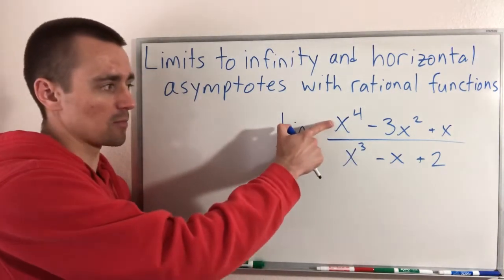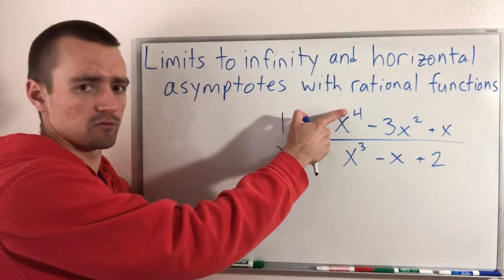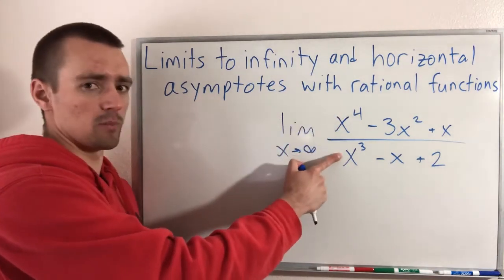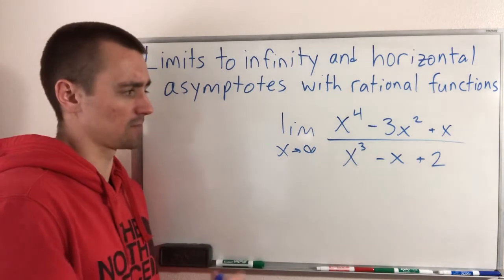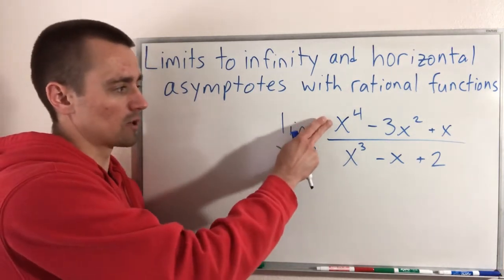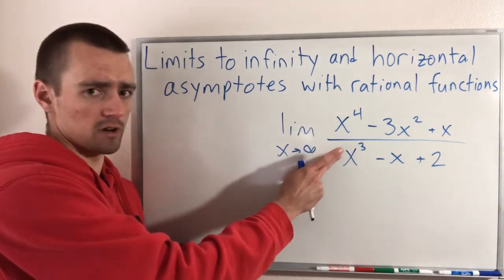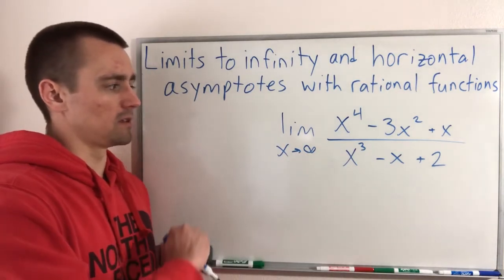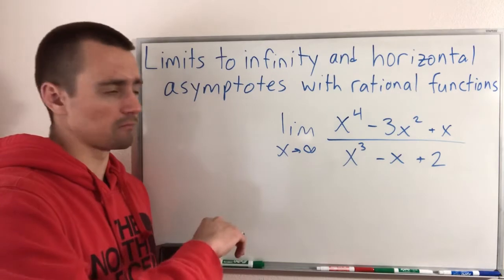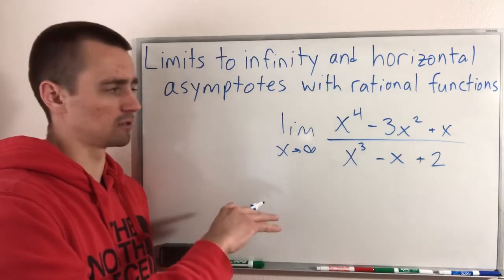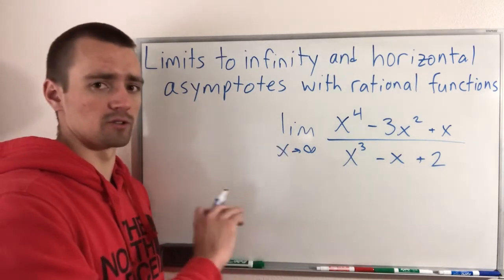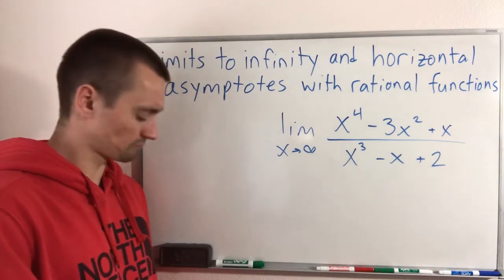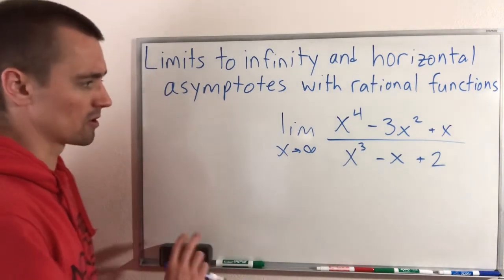This is a fourth degree polynomial because the highest power of x is 4, and this is a third degree polynomial because the highest power of x is 3. If the degree on the numerator is bigger than the degree on the denominator, like it is here, the limit of this entire rational function is either going to go to infinity or negative infinity. And let me show you how you know that.